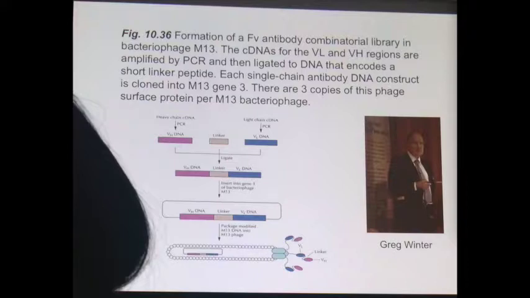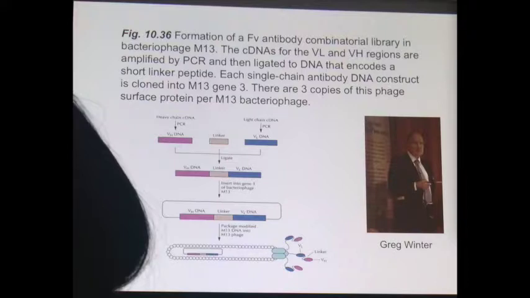Winter also is going to use a bacteriophage to construct his. By the way, when Lerner put these things together, he called it a combinatorial library. It's combinatorial because it combines two libraries, and so you get all the different possible combinations of those two libraries.